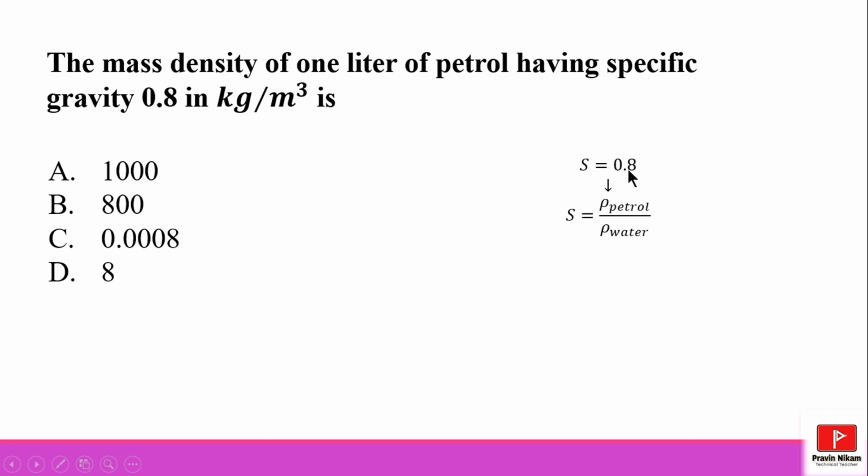S is known, 0.8, and rho water is also known, that is 1000. So rho water gets multiplied to S. 0.8 into 1000, you will get 800 kg per meter cube. So the correct answer is B.